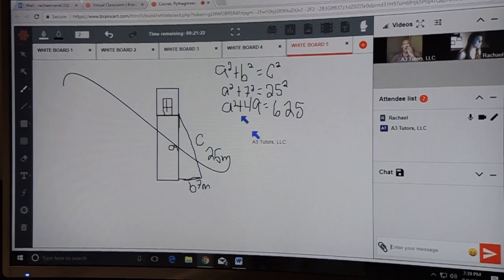And now we subtract. Could you repeat what you said? It cut out.